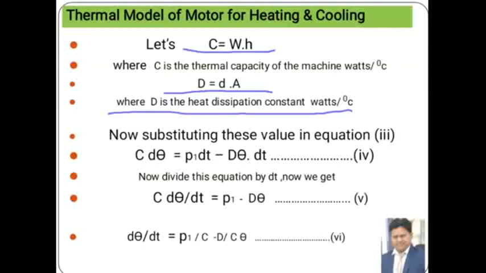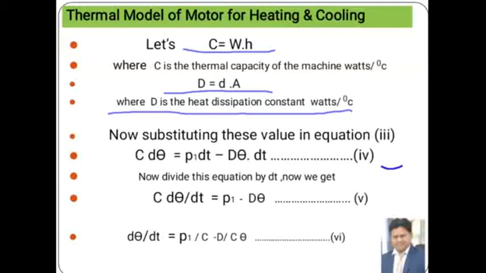Now substituting this value in equation three, we get the fourth equation in the form of C dθ equals P1 dt minus capital D θ dt.